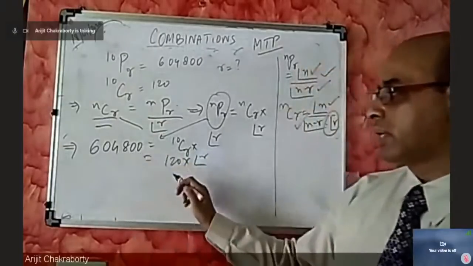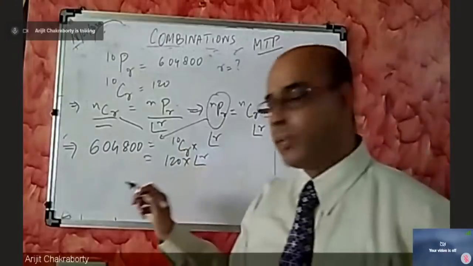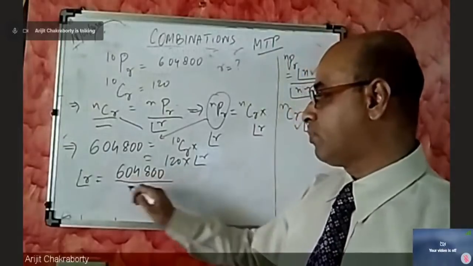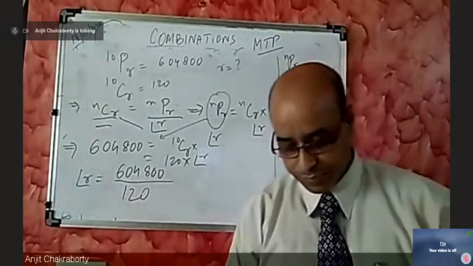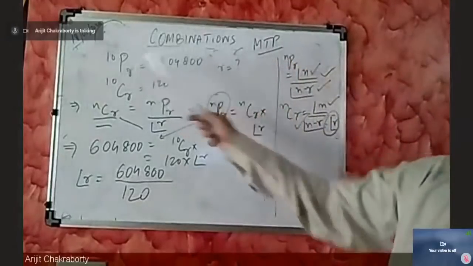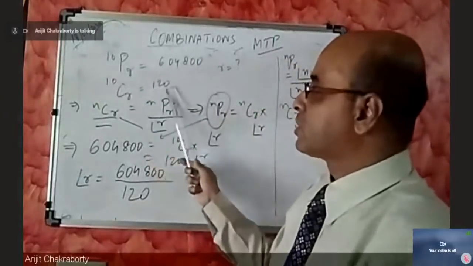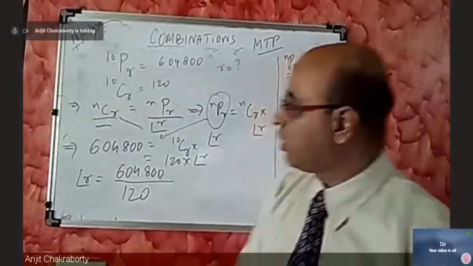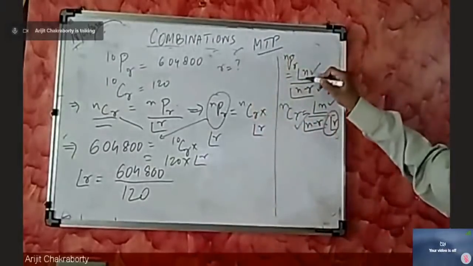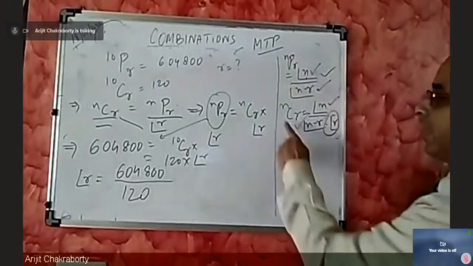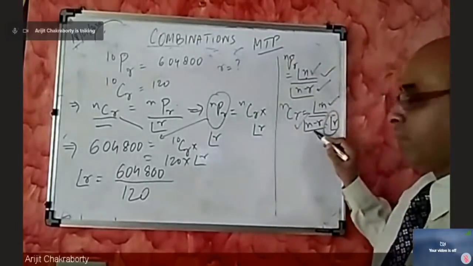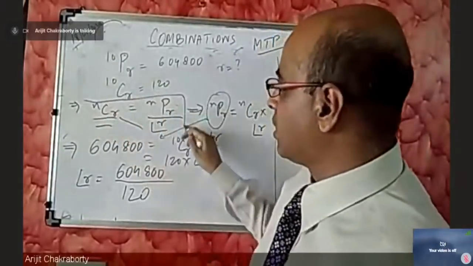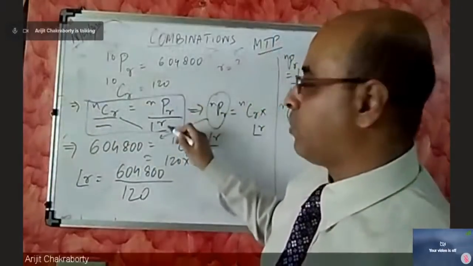So 604800 is equal to 120 into r factorial, which means r factorial is 604800 divided by 120. Please see, once again: 10Pr is 604800, 10Cr is 120, and we have to find the value of r. The basic formula is nPr is n factorial by (n minus r) factorial, and nCr is n factorial divided by (n minus r) factorial into r factorial. So the relation is nCr is equal to nPr by r factorial.